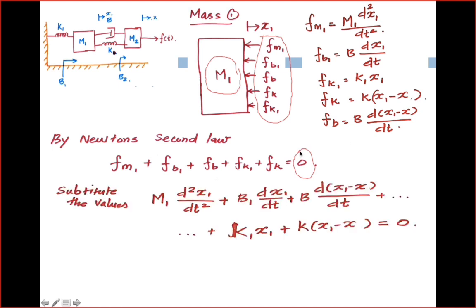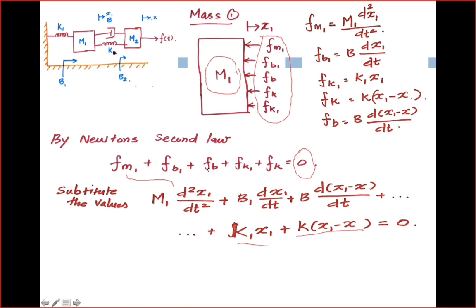Now we are going to substitute the value of all these force equations. When you substitute the value of F suffix m1, you will get m1 d square x1 by dt square plus b1 dx1 by dt plus b d(x1 minus x) by dt plus k1 x1 plus k into (x1 minus x) is equal to 0.